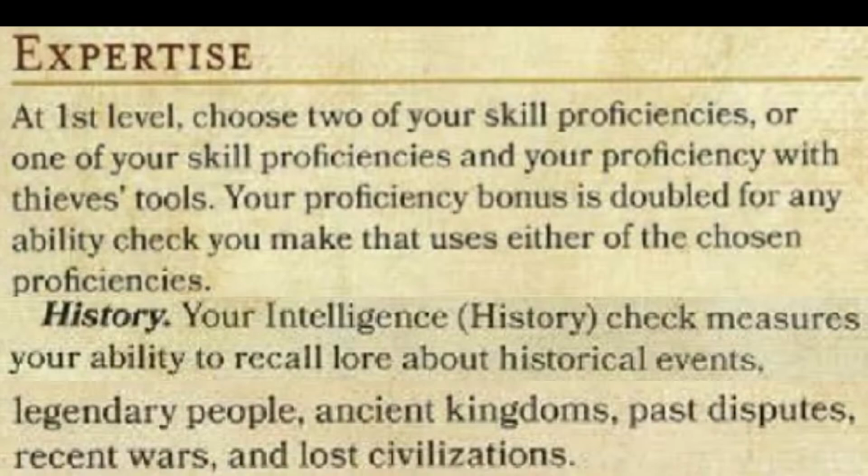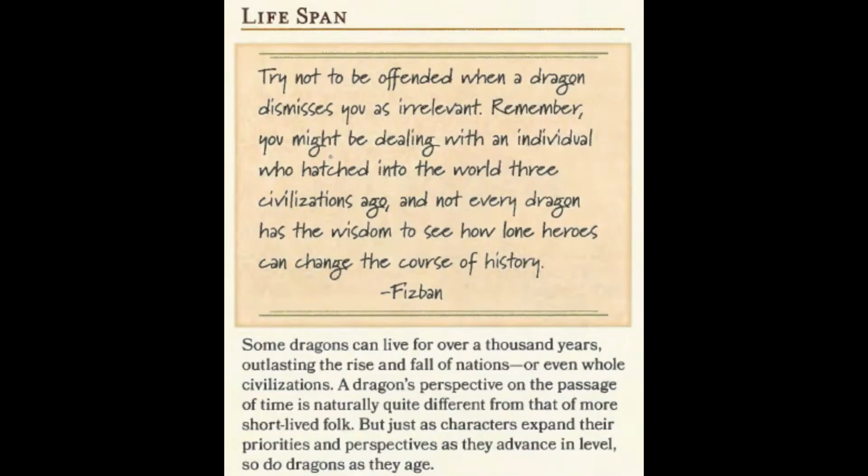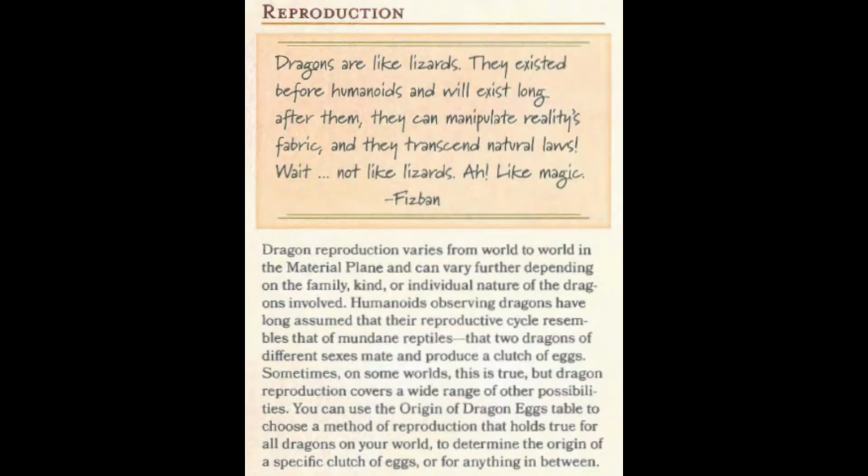So, lifespan and all that stuff, I'm not really too worried about that. He's not exactly gonna die anytime soon. Reproduction, I didn't really worry about any of that stuff.